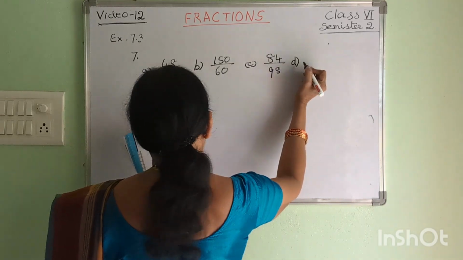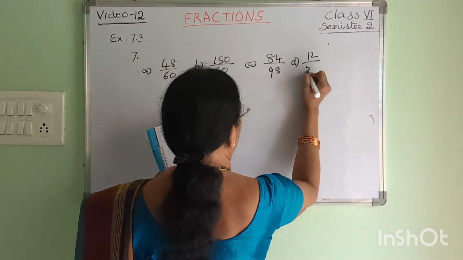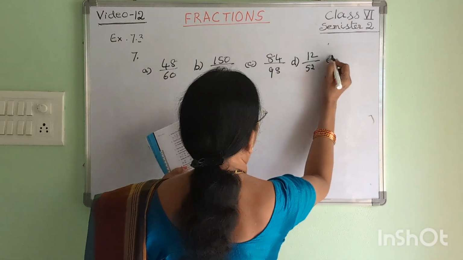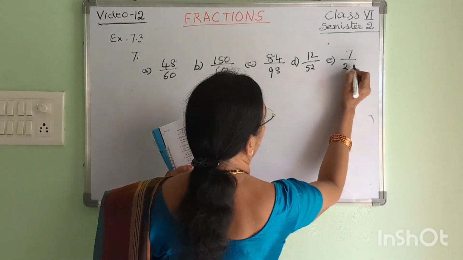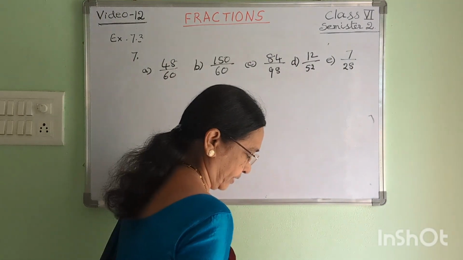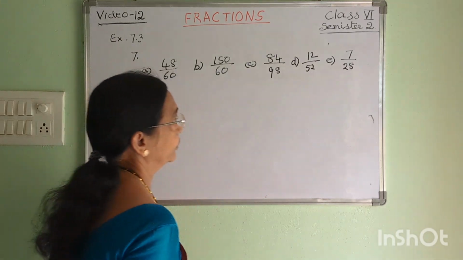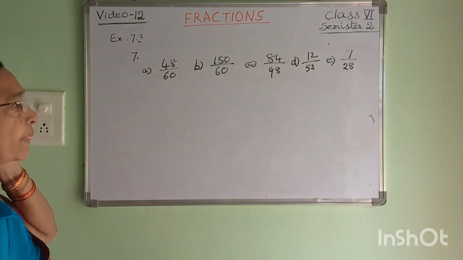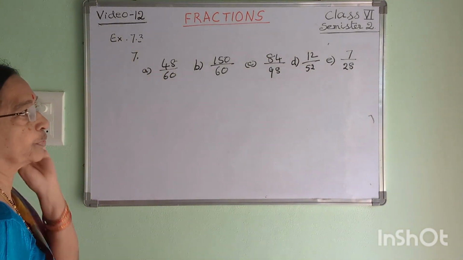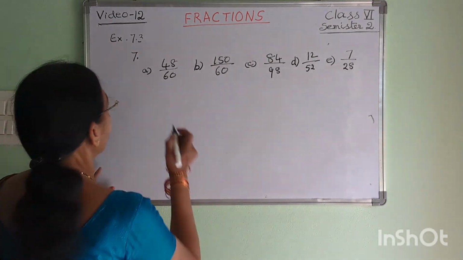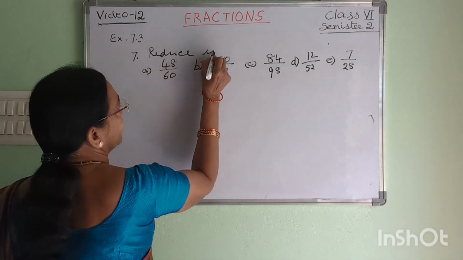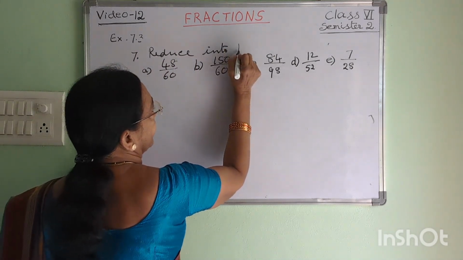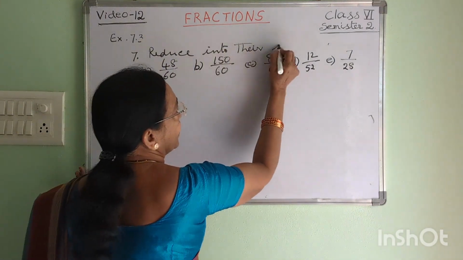Number 4, 12 by 52. Next, number 5, 7 by 28. Reducing into their simplest form.